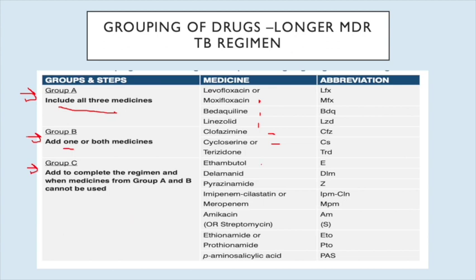Ethambutol, delamanid, pyrazinamide, imipenem or meropenem, aminoglycosides like amikacin or streptomycin, ethionamide or prothionamide, and PAS. So Group C agents are optional agents which can be added to the regimen. Main drugs are fluoroquinolone, bedaquiline, linezolid of Group A and clofazimine, cycloserine of Group B.